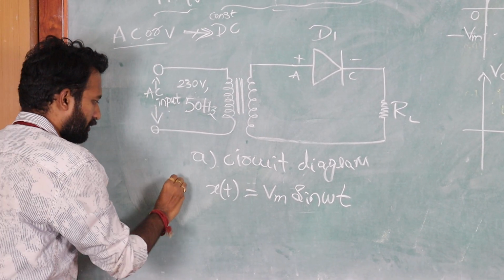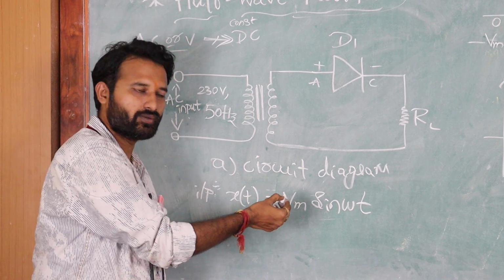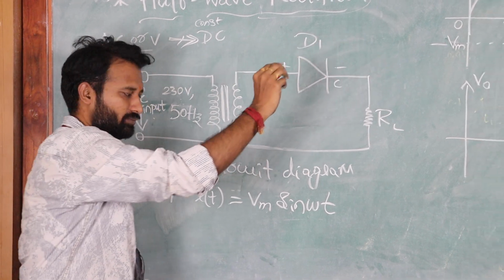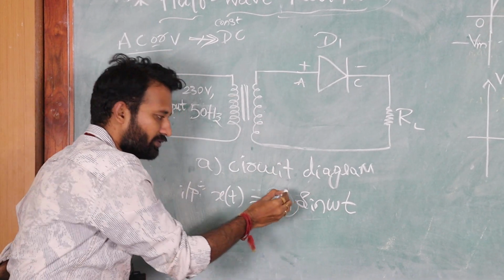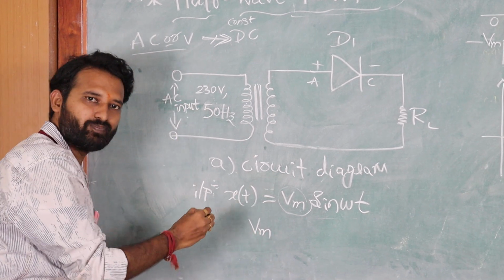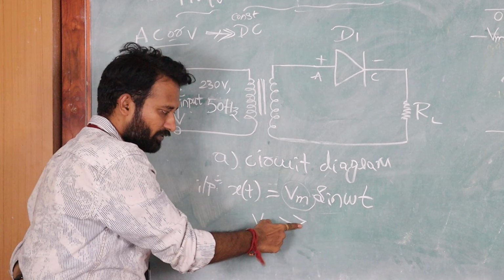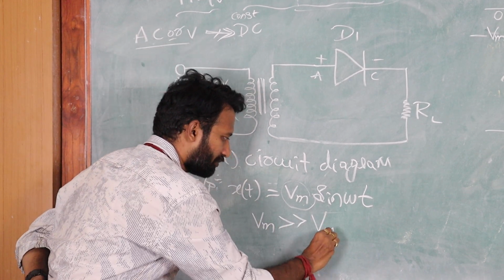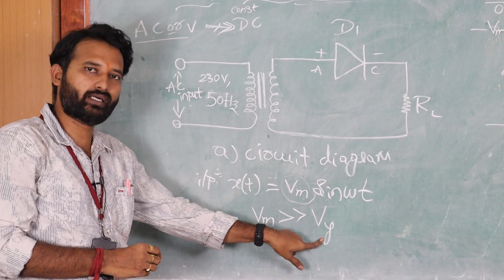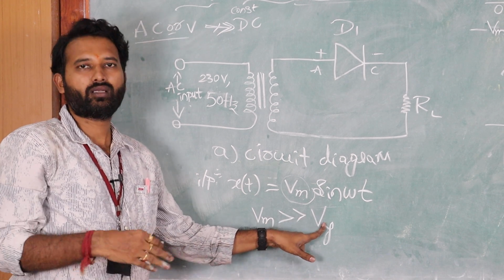Here Vm is the peak voltage, the maximum voltage, and this peak voltage should be far greater than V gamma, where V gamma is the cut-in voltage.